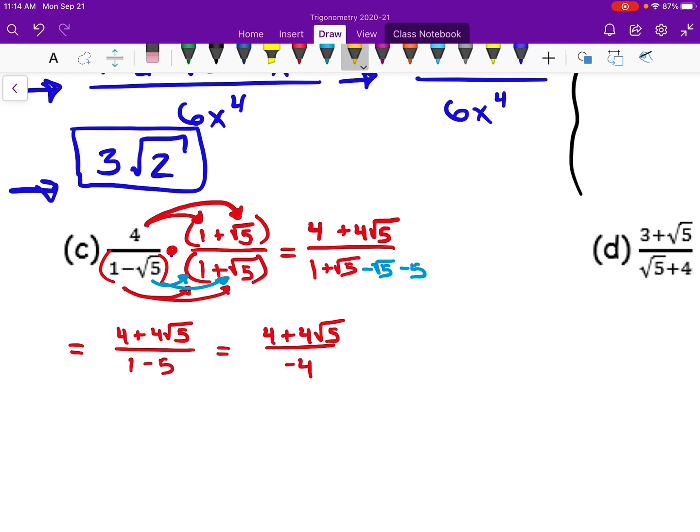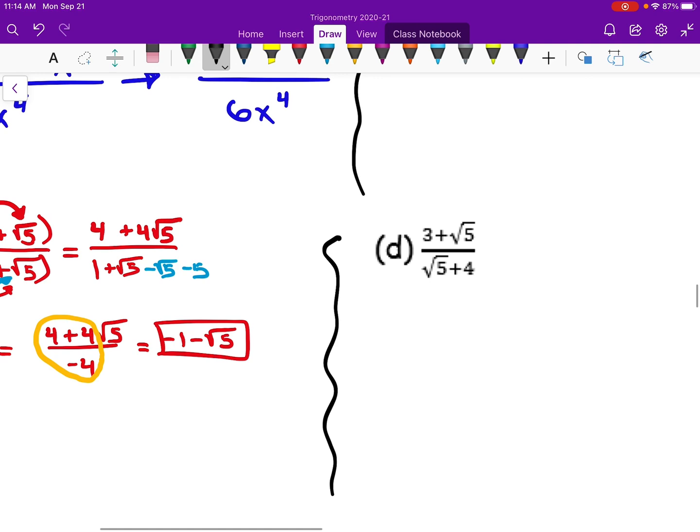Well, I lied. There's another cleanup, because those three numbers are all divisible by the same number. All those numbers, their greatest common factor is 4, or negative 4. If I factor out negative 4 from all of them, I get negative 1 minus the square root of 5. And that is the final answer.